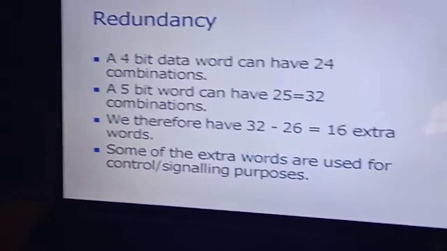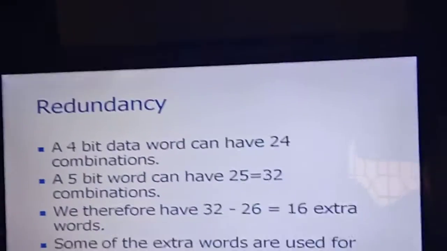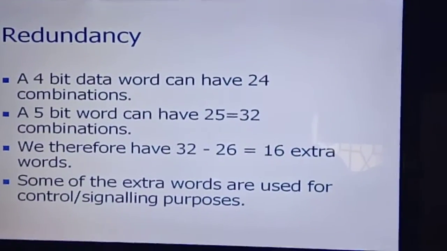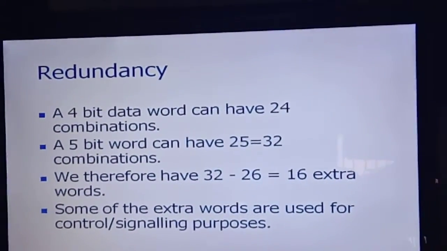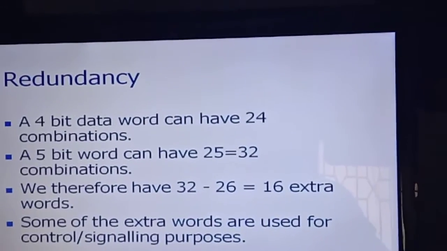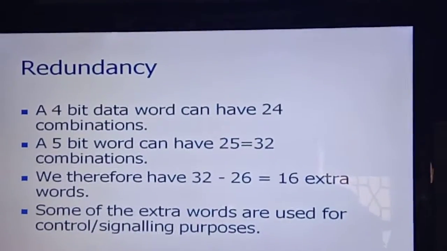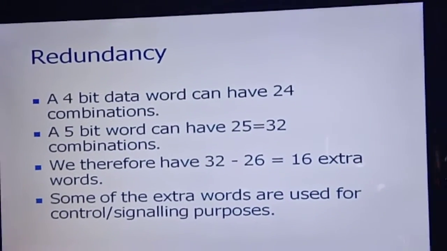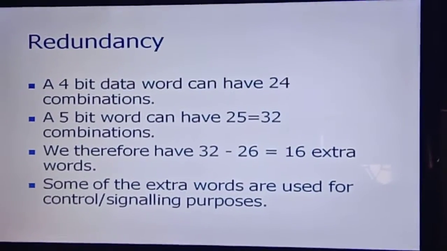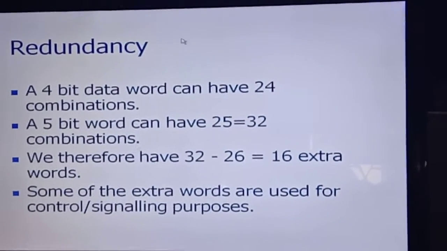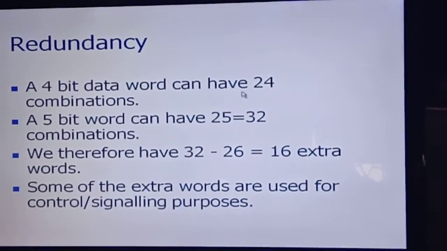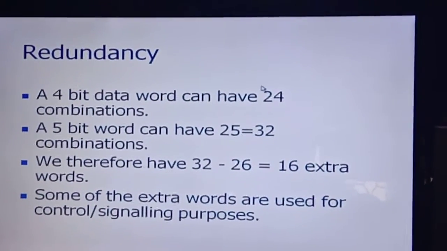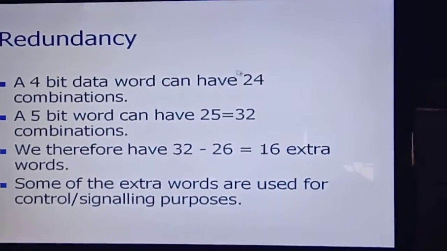Next, redundancy. A 4-bit data word can have 2^4 = 16 combinations. A 5-bit data word can have 2^5 = 32 combinations.